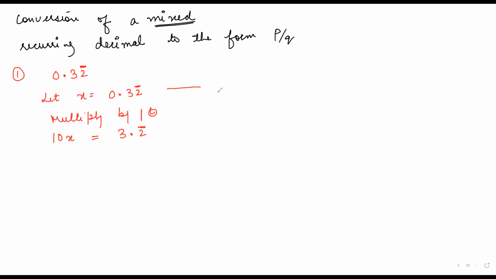So this was my one equation, and even equations are not required in this case. Now this I can break, so I can write 10x is equal to 3 plus 0.2 bar. Is this clear?